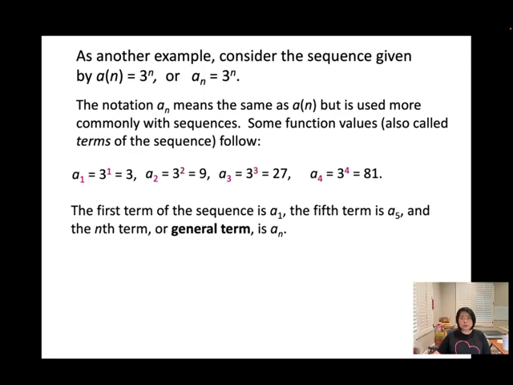Okay, and then the first term of the sequence is going to be a1. So this is the first term, second term, third, and fourth. The fifth term is going to be a5, okay? And then we do have an nth term, just like this one. And also, we could call this the general term.